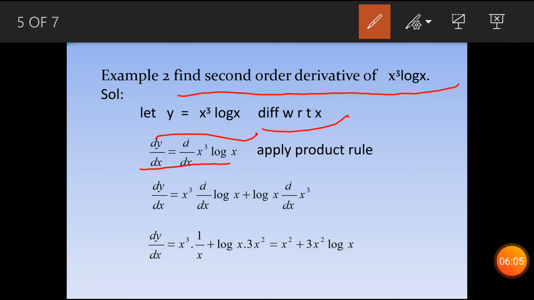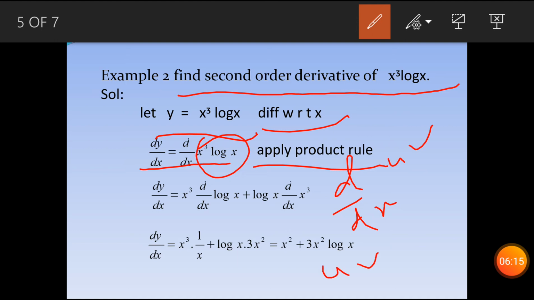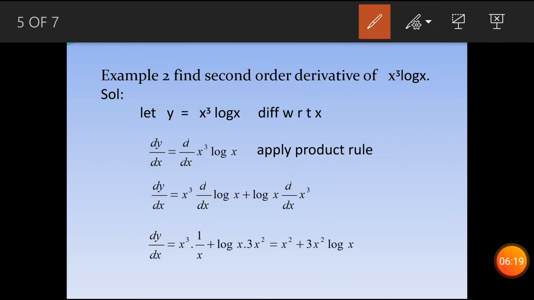Now obviously two functions are multiplied, so we have to use the product rule. What is our product rule? d over dx of uv gives you u v dash plus v u dash. So this is what we are going to use here. This will give you x cube d over dx of log x plus log x d over dx of x cube.